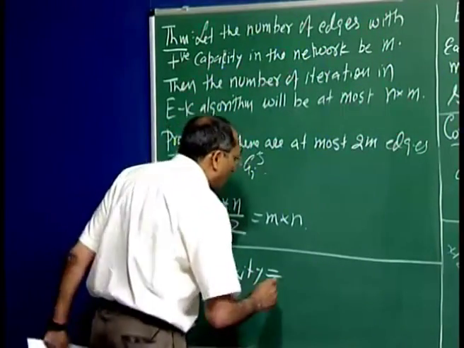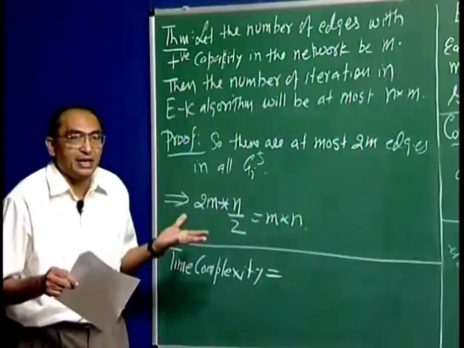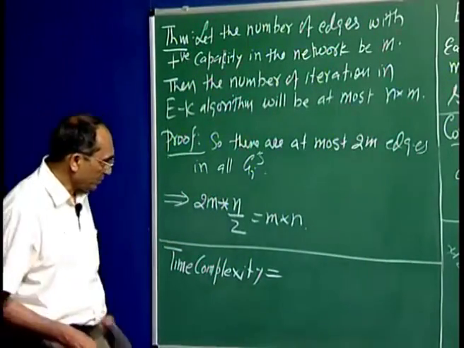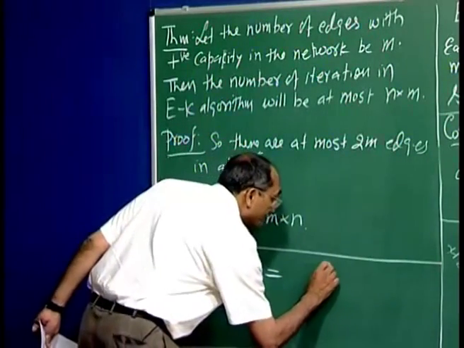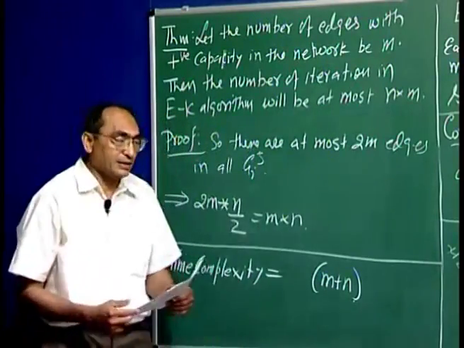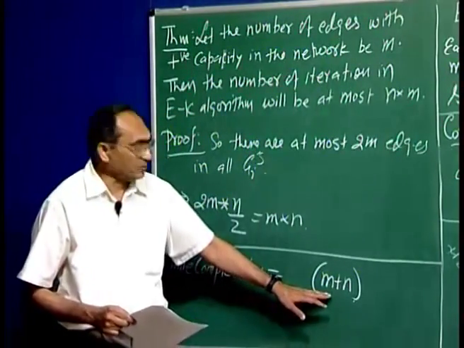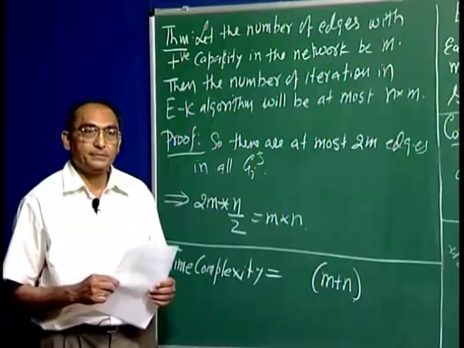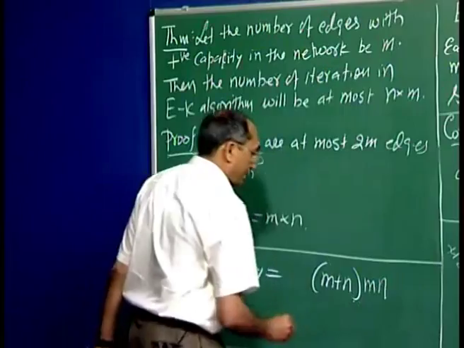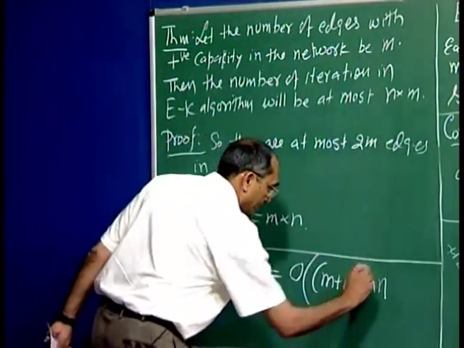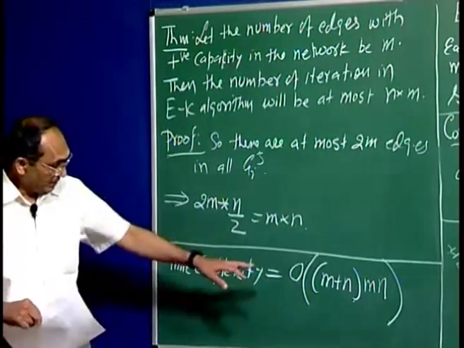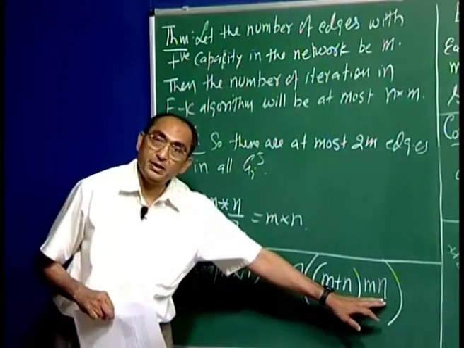That modification takes only order n time, because on a path there are at most n edges. So, the time to compute a shortest path and time to update the graph is only order m plus n, and there are at most mn iterations. So, the time complexity of Edmonds-Karp algorithm is m plus n times mn.